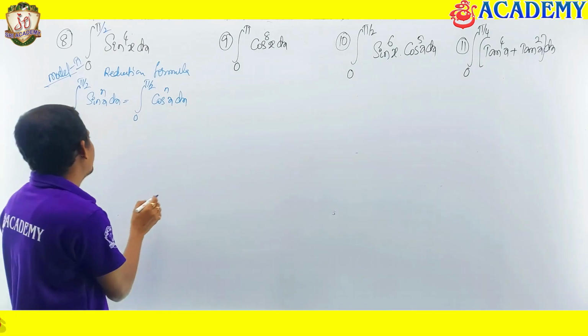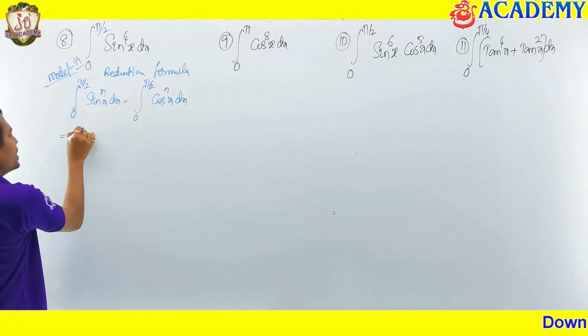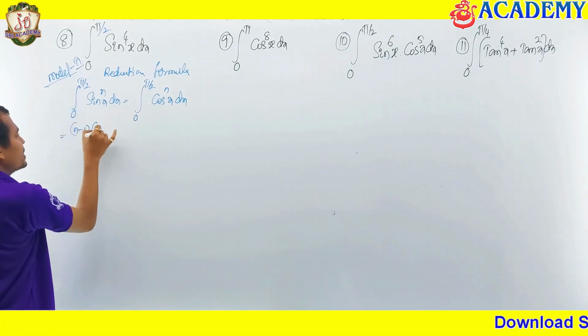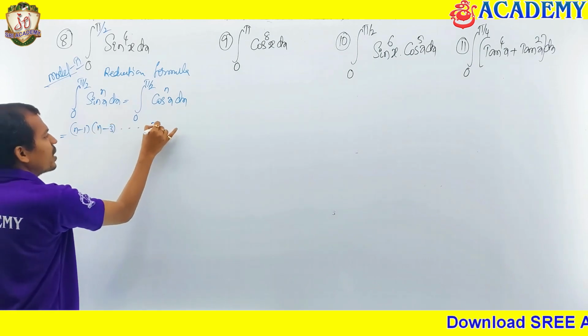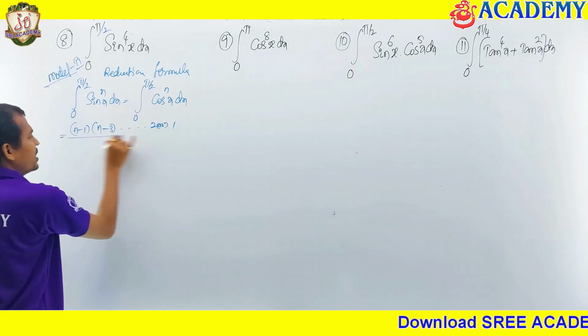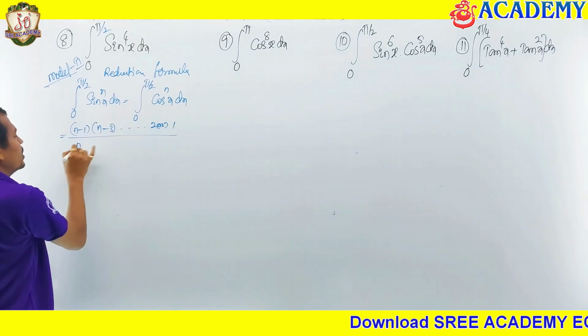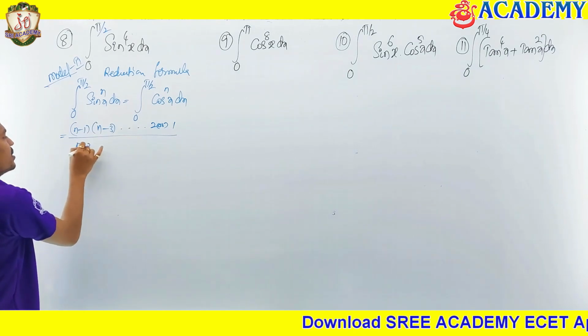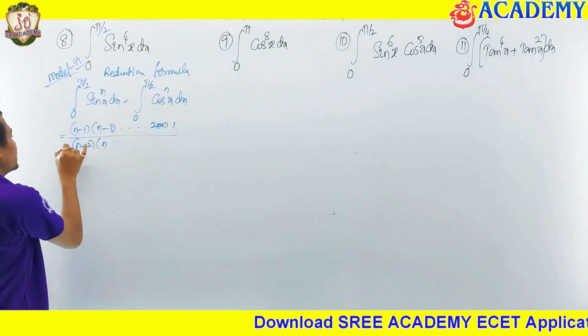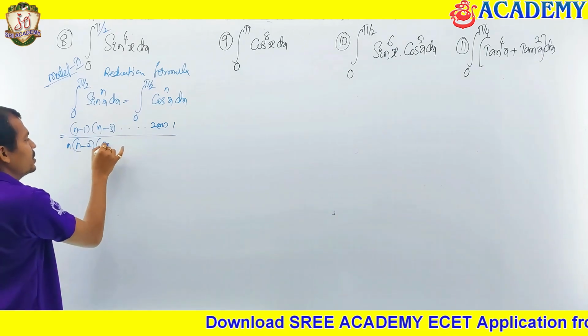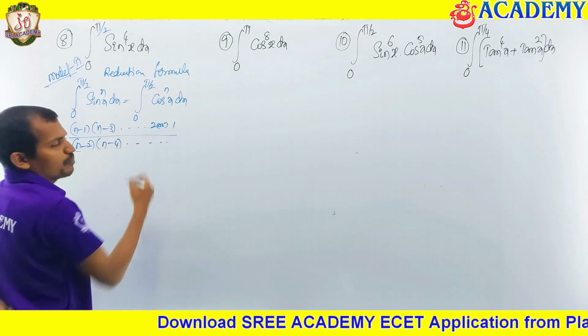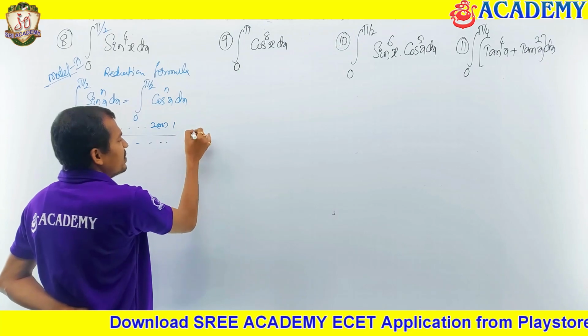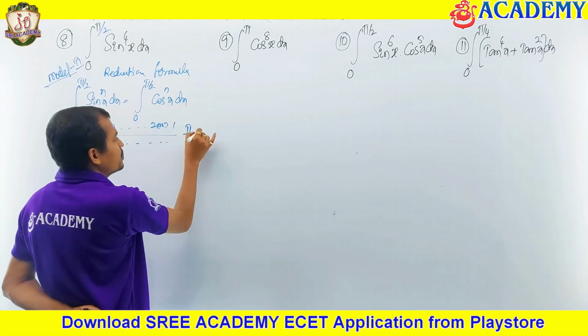Actually, we have a formula that is nothing but (n minus 1) into (n minus 3) into up to so on 2 or 1, divided by n into (n minus 2) into (n minus 4) into up to so on. For even n you are going to get a factor of pi by 2.